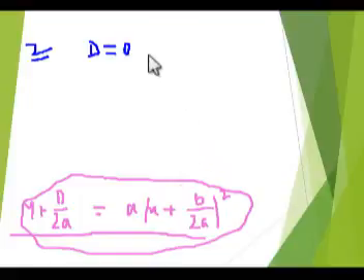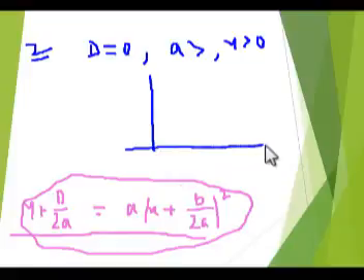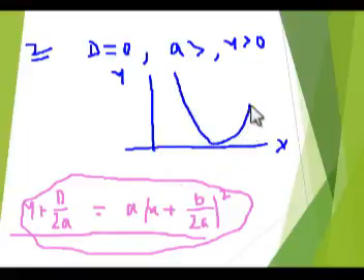And in this case, if a is greater than 0, then y is greater than 0. So for this case, the parabola will be in this way, touching the x-axis. It touches the x-axis.